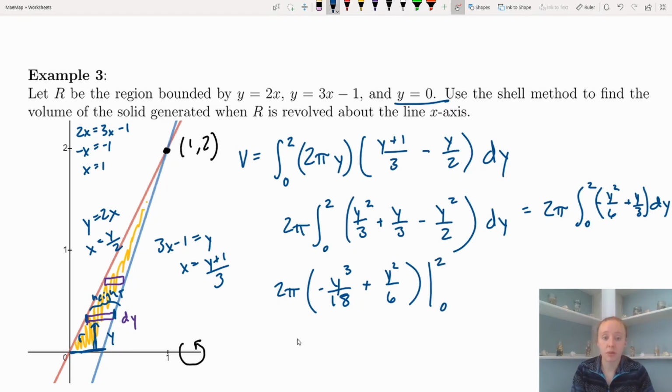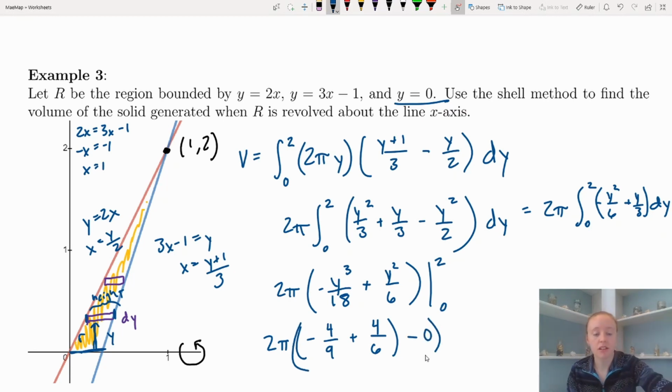So plugging 2 in for y, I'll get 2 pi times 2 cubed is going to give me 8, so this is negative 8/18, or simplifying, would be negative 4/9, plus 2 squared is 4, so that's 4/6, and then when I plug in 0, I'll be subtracting 0 from this, so I don't need to worry about that.